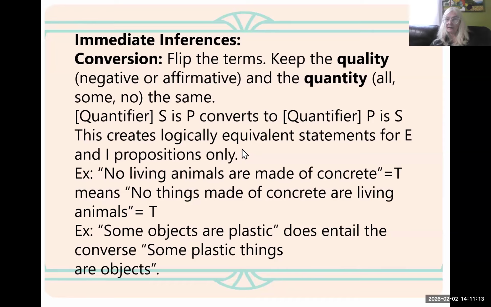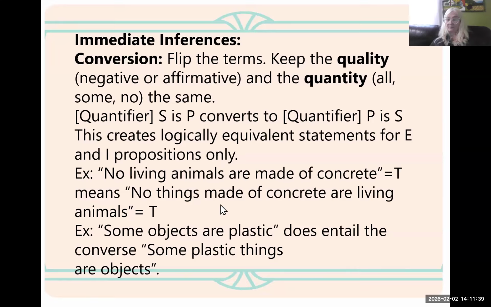This creates logically equivalent sentences for the E and the I sentences, but it does not work for O and for A sentences, okay? So if we have an E sentence like "no living animals are made of concrete," and this is true, then "no things made of concrete are living animals" would be true as well.